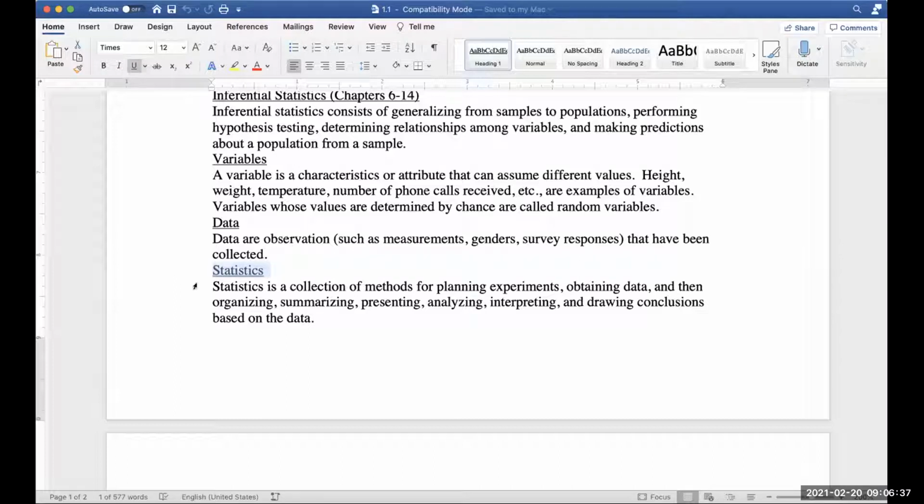So statistics is the collection of methods for planning experiments, obtaining data, then organizing, summarizing, presenting, analyzing, interpreting, and drawing conclusions based on data.